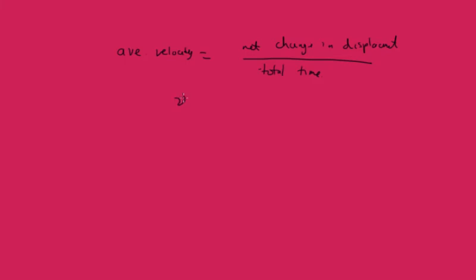So we think of it as V equals S over T, total displacement over T. This is a key formula which we need to remember, and we can use it with vectors, velocity and displacement, but we could also use it for speed and distance.